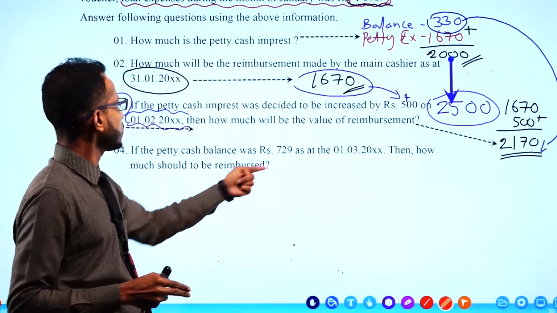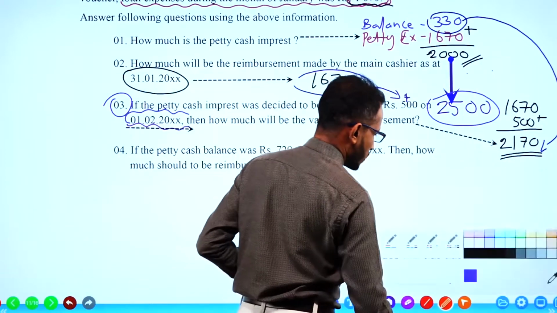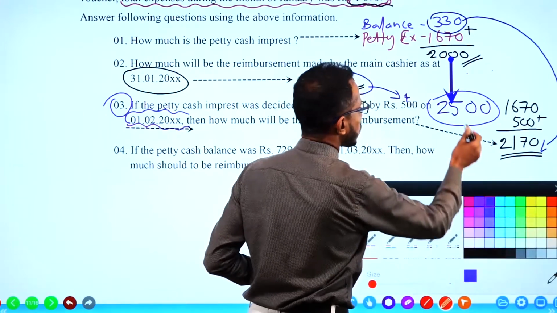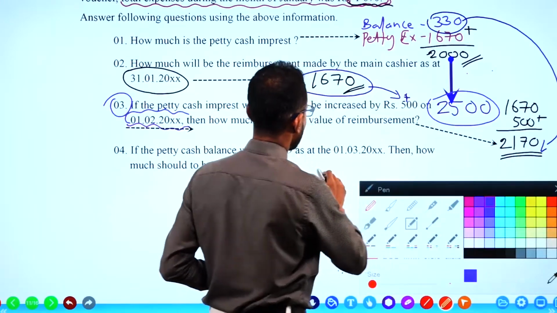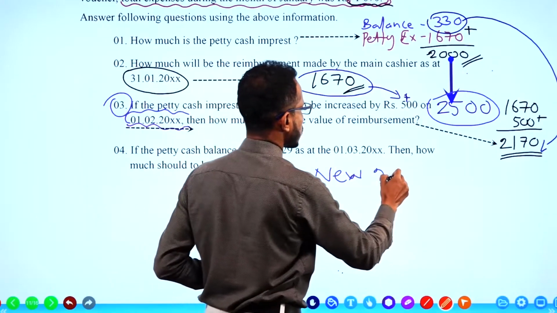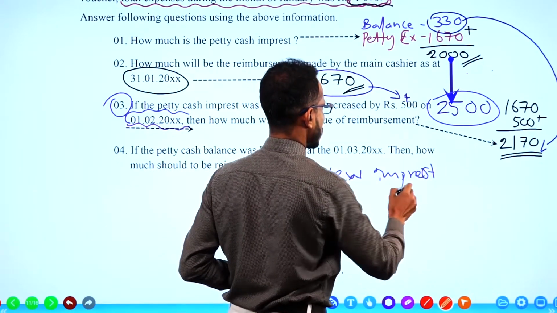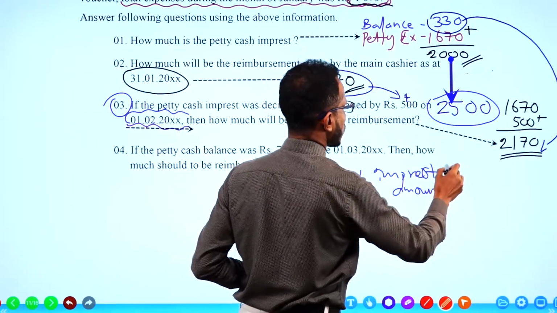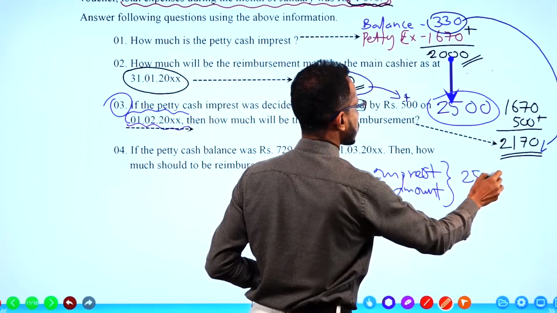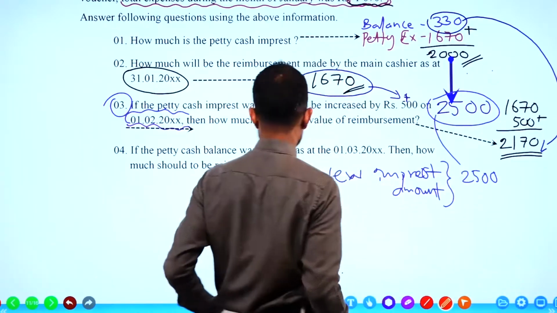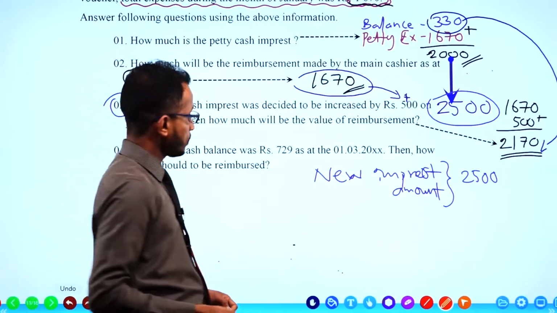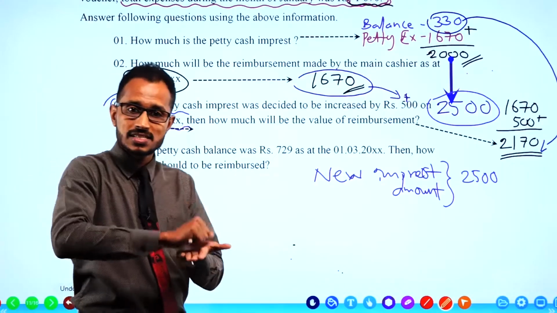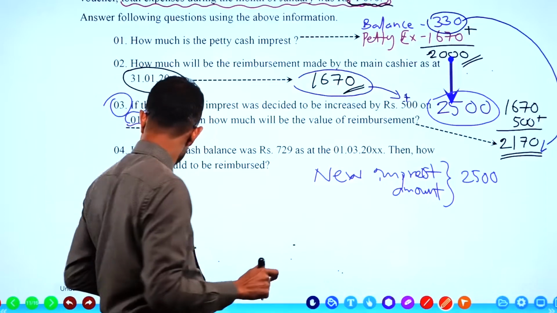Then how much should be reimbursed? Okay, the new imprest is 2,500. Imprest amount is 2,500. That is this one. And now only 729 is left, remaining as the balance.